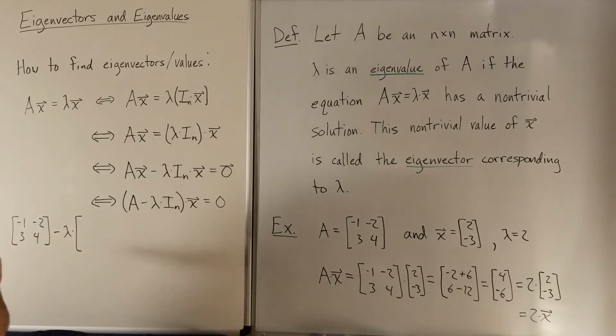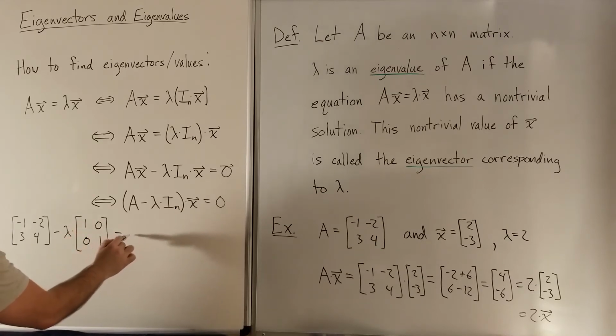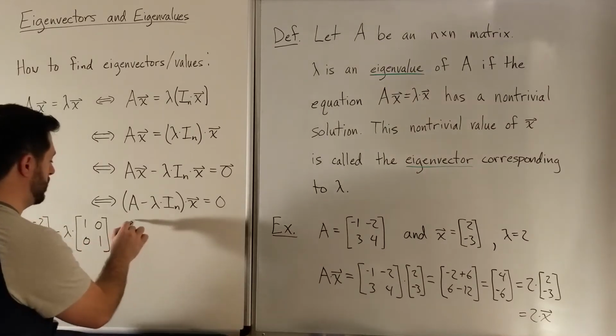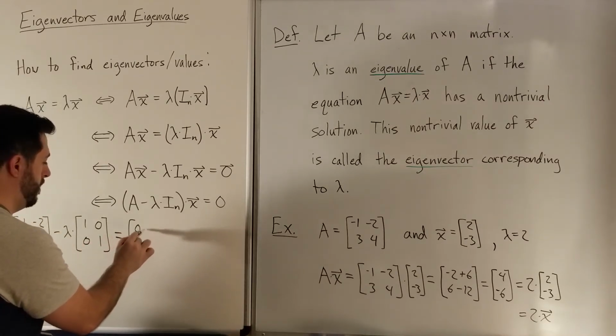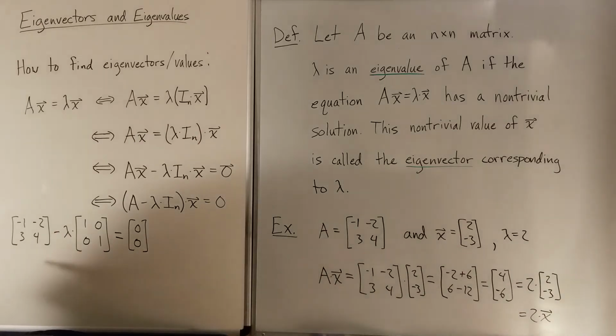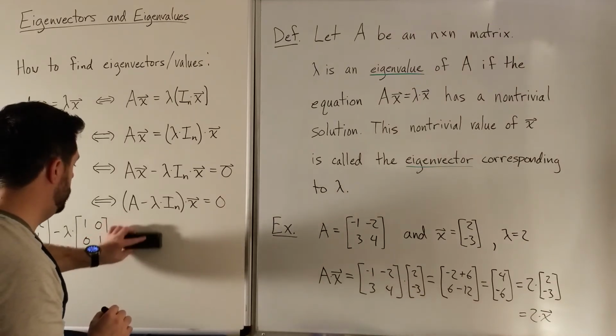Remember, our goal is to find lambda, times this 2 by 2 identity matrix. And I want to solve this equals 0. In other words, equals 0, 0. All right, so we're trying to find the value of lambda that makes this true. Oh, sorry. Forgot the x.